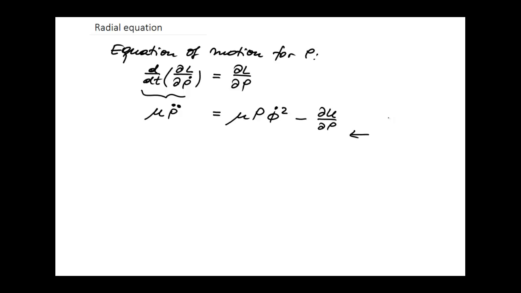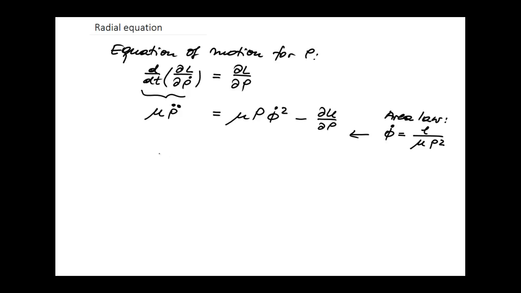At this point you can exploit the area law that we had found on the previous page. You use the area law to express phi dot in terms of the conserved angular momentum, the reduced mass, and rho.